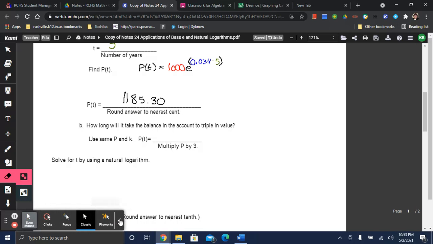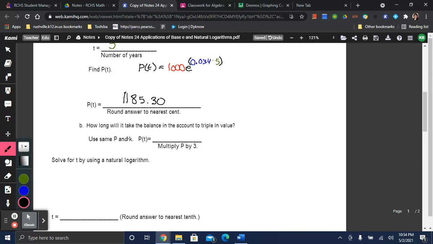All right, then it asks how long would it take the balance to triple in value. So that means we're going to use the same P, same starting amount, same k, but now we know a new P of t. So we're going to take P, which was $1,000. We're going to multiply that by 3, since it said how long would it take it to triple. And your new amount is going to be $3,000.